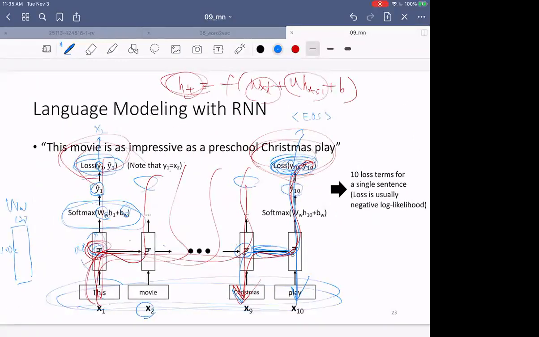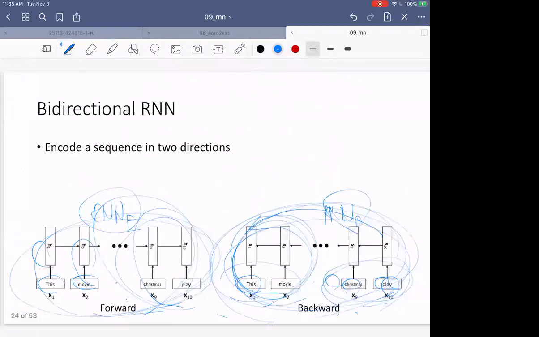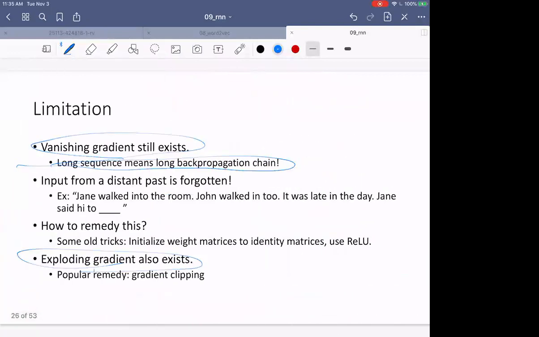From the perspective of H1, this guy has a very long chain starting from H10 all the way to H1. So there's a very long backpropagation step, and because of that, there can be a vanishing gradient or exploding gradient. And if there's a vanishing gradient, then obviously this kind of language model will not work. Like, Jane walked into the room, John walked into.